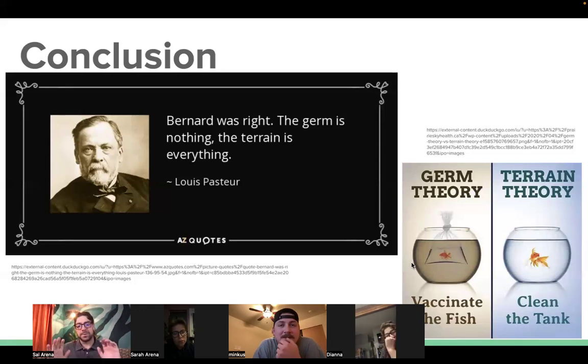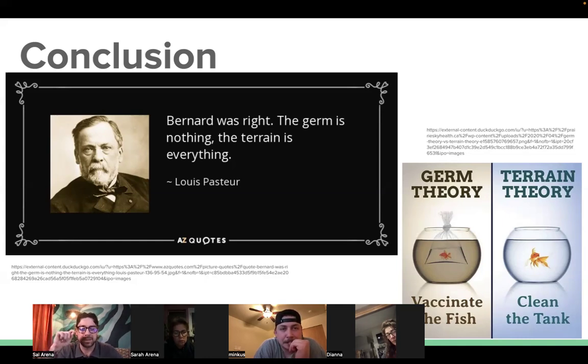Let's go back to the founder of germ theory, Louis Pasteur. You might recognize the last name from the pasteurization process, which he is also well known for. I haven't been able to verify this, although it seems widely accepted that this is one of his statements later on in life. The founder of germ theory says, "Bernard was right.